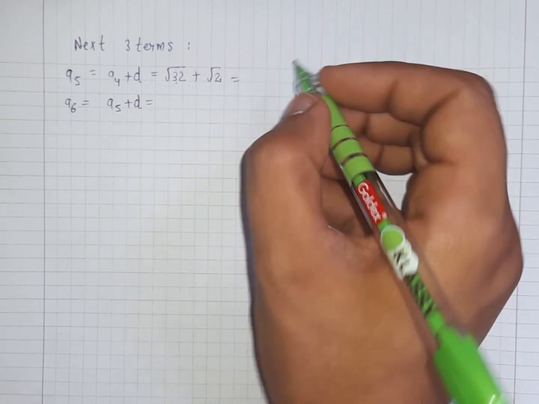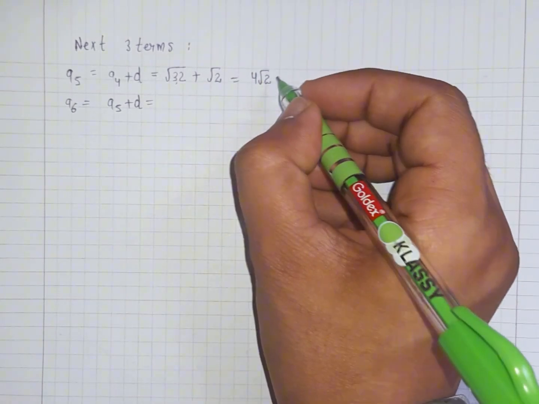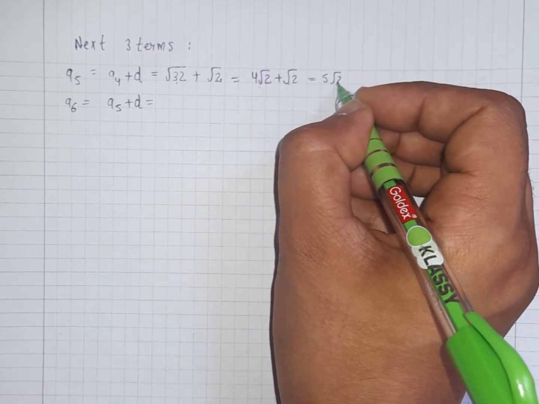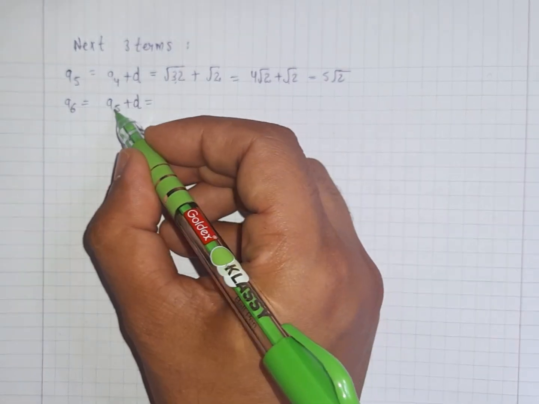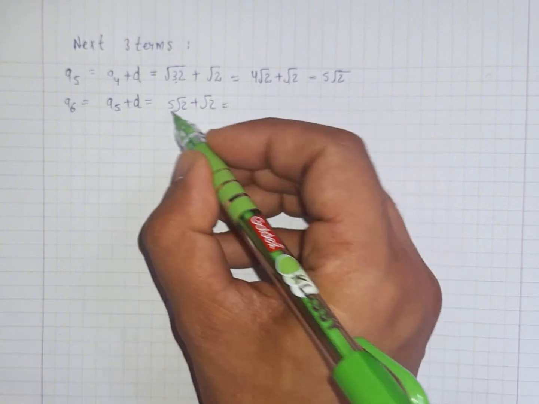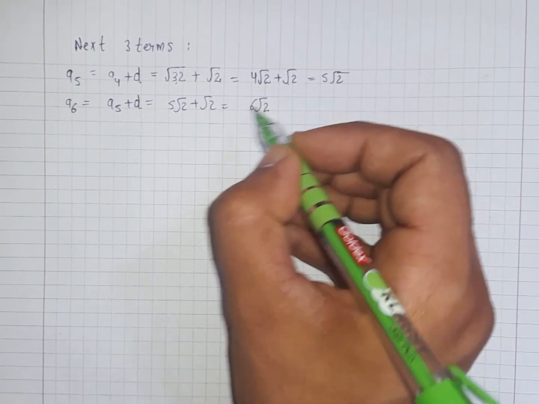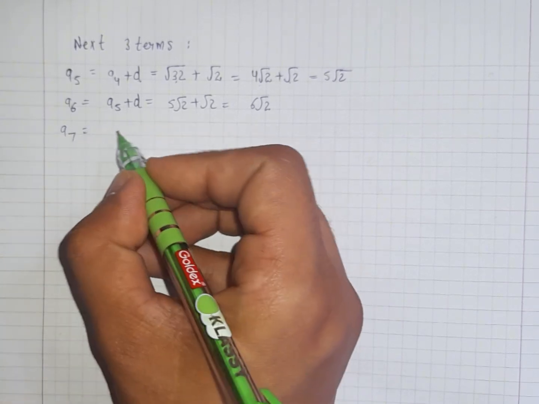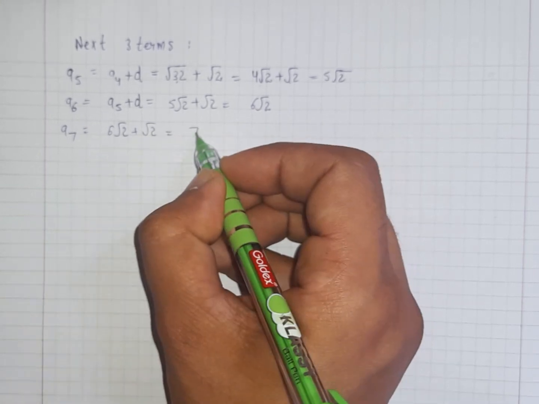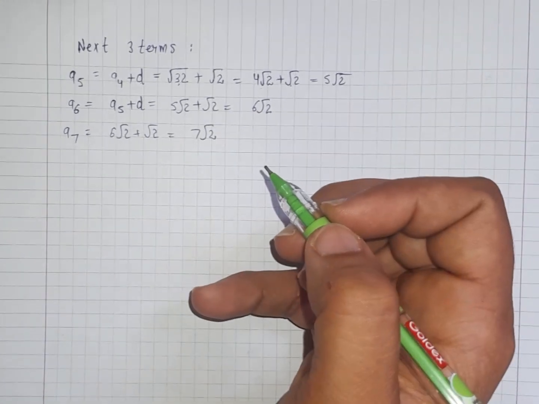Since root 32 equals 4 root 2, we have 4 root 2 plus root 2, 5 root 2. This is our fifth term. Now the sixth term equals the fifth term plus difference, 6 root 2. And the seventh term equals the sixth one plus difference, that is 7 root 2.